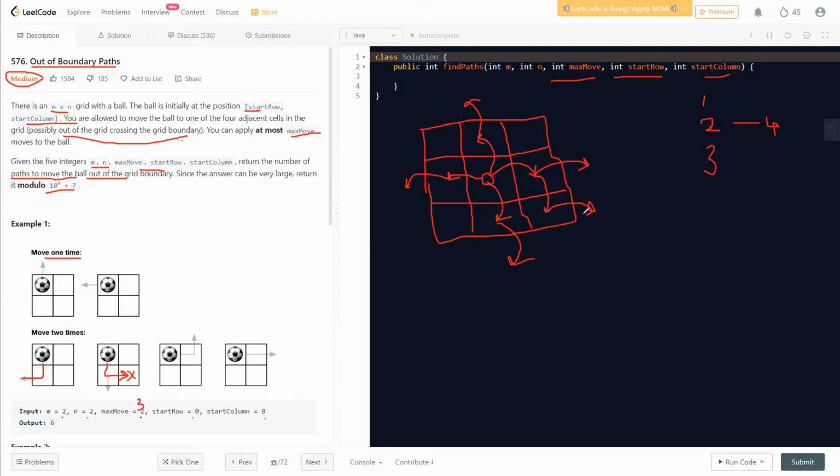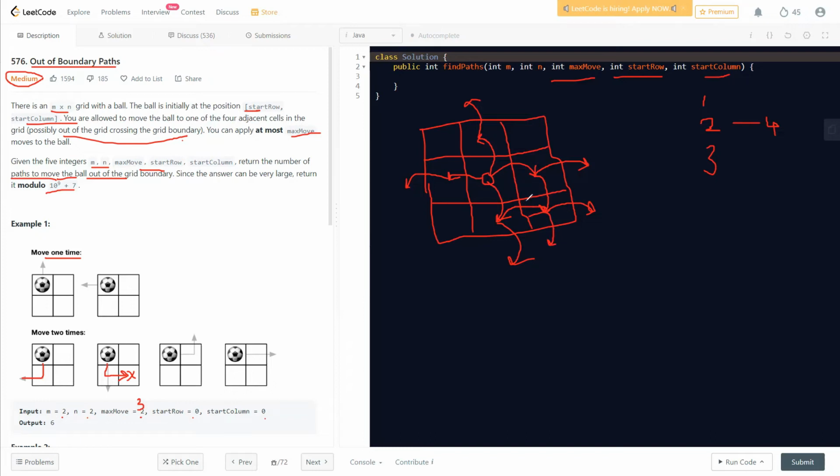Or by the second move we are going to this place, and by the third move we are going out. It's our choice which path we want to take.